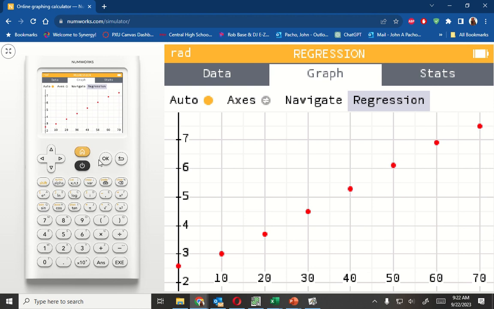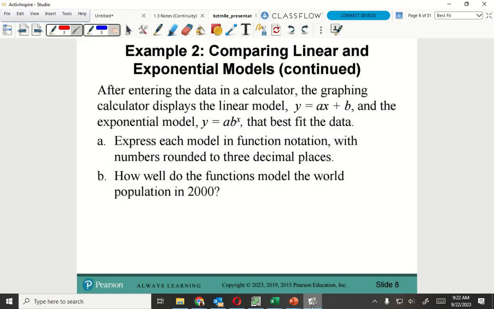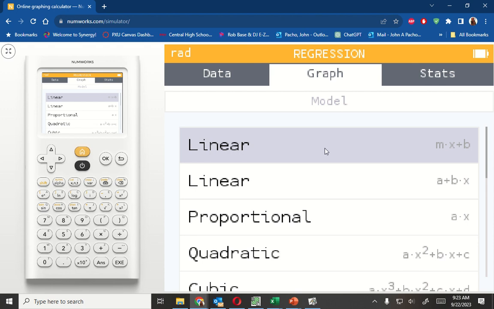So we hit regression and look carefully at the regression it's asking for also. mx plus b or a plus bx. ax plus b. So they use a's and b's for this one. So let's go ahead and do this first one here.